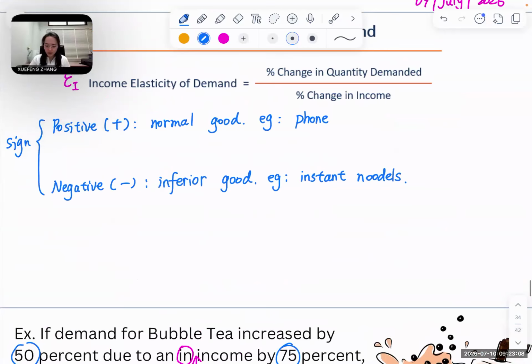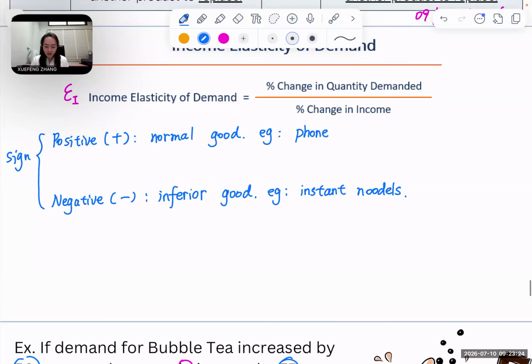Let me continue here. I think we need more information here. Okay, so the sign is positive, normal good, negative, inferior good, and also between the positive, okay? So here, let's see. So the sign is positive, and if the epsilon I is greater than 1, that means what?